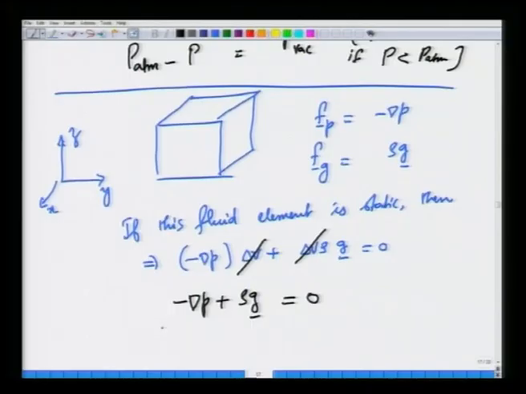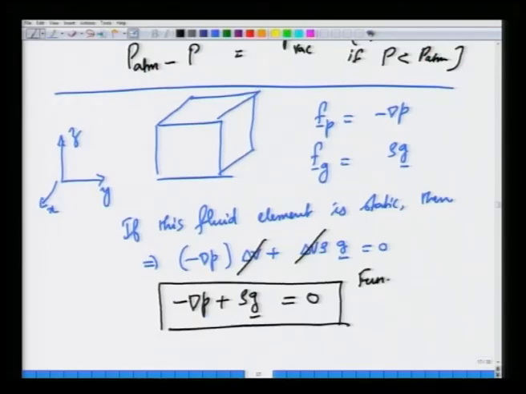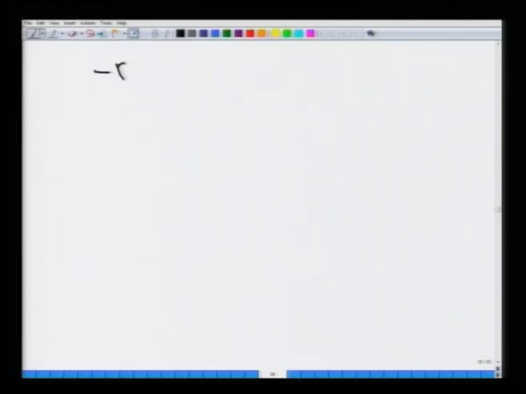This is the fundamental equation of hydrostatics. Okay. Minus grad p plus rho g is 0. This is a vectorial equation.